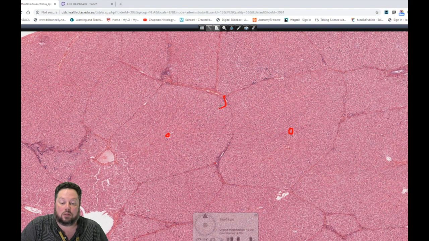So in fact, blood supply actually runs in this way. It perfuses through the sinusoids from the stroma towards the central veins here. And what this does is it divides the liver structure into zones.